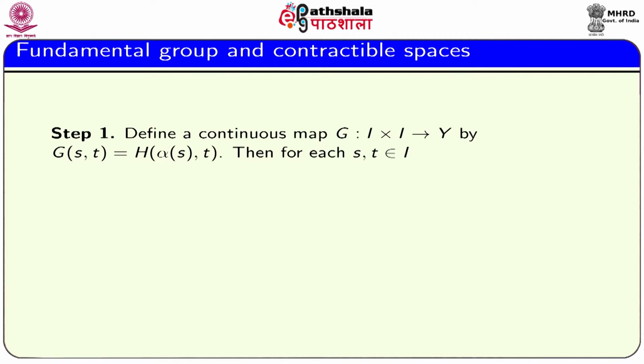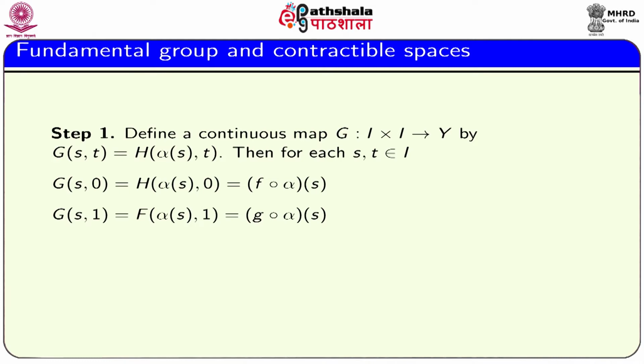Then, for each (s,t) belonging to I cross I, G(s,0) comes out to be equal to f composed alpha of s, and G(s,1) is equal to g composed alpha of s.